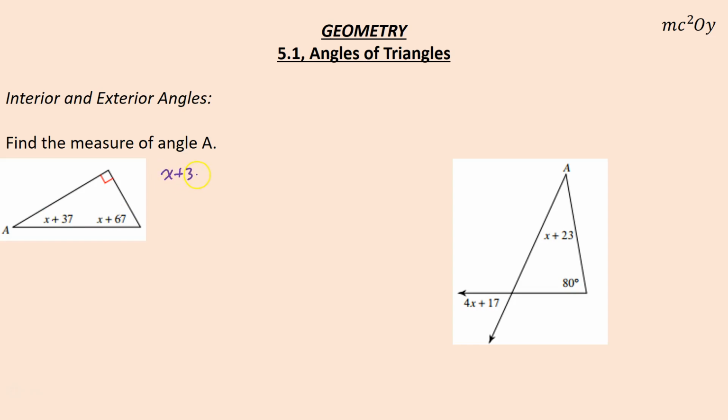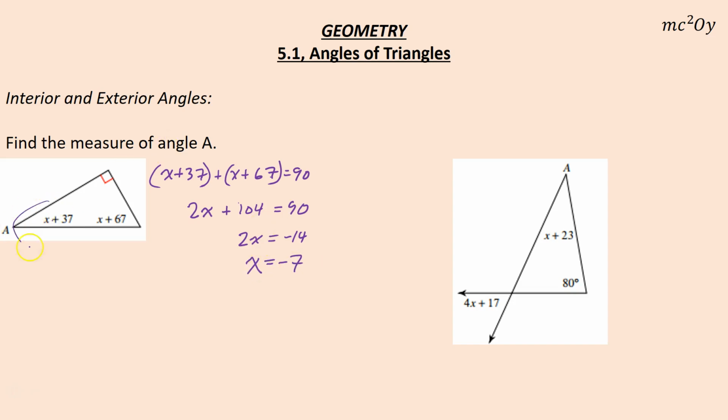So x plus 37 plus x plus 67 equals 90, which means 2x plus 37 and 67, also known as 104, equals 90. 2x equals negative 14. Subtract 104. X is negative 7.